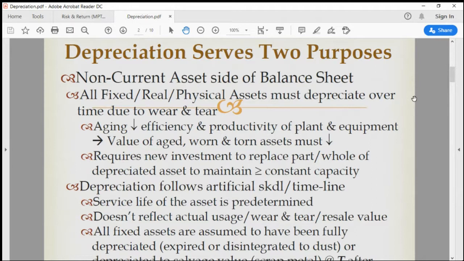So even 5 years later, 5 years after you first bought it for $50,000, the resale value in the market would reflect how well the car has been maintained, right?